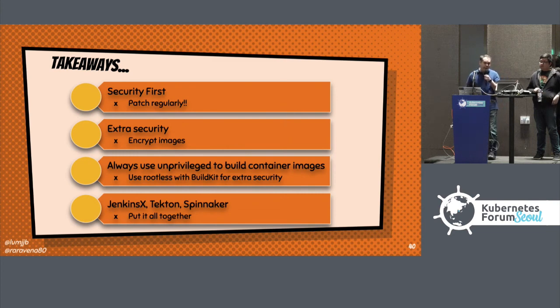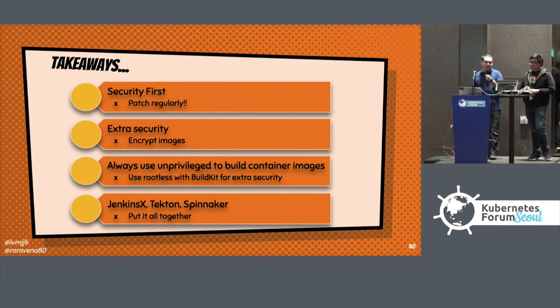If you want to add that extra security in your pipelines, you can encrypt your images. So if you have valuable data in your container images, for building container images, maybe you can use some of these newer runtimes like Kata Containers and gVisor. And then when you build container images, make sure you use unprivileged mode.